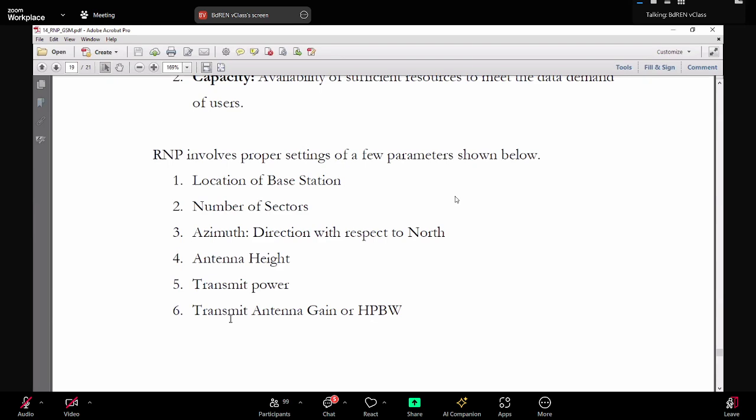In the urban areas, the power is not that high. 30 dBm is 1 watt, right? So 40 dBm is 10 watts, and 43 is 20 watts, 46 is 40 watts. 49 is very rare, but up to 46 people use.